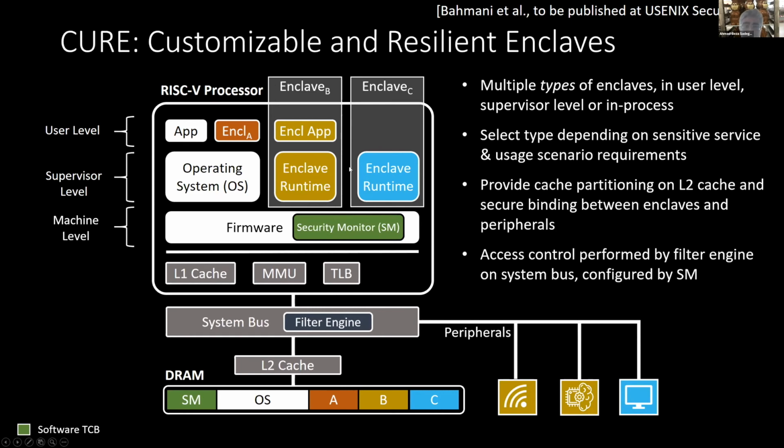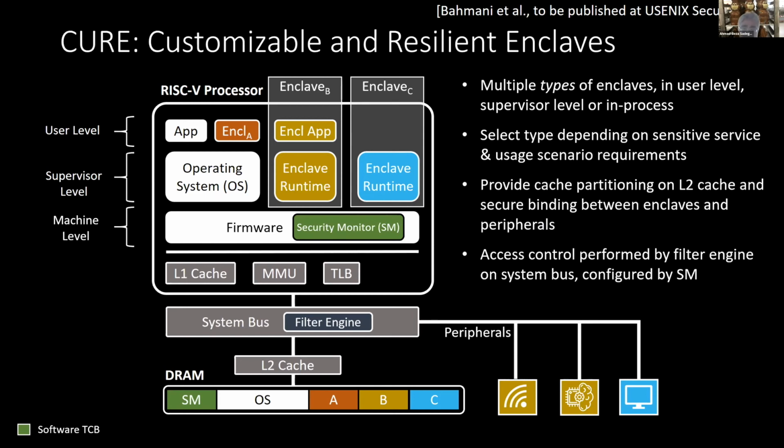But we can have an in-process enclave because, as you see, the security monitor is a part of firmware. But I don't want to protect the whole firmware. I just want to protect the security critical part of the firmware. And this is where we can put even this security monitor, which is very high privilege, but attackers want to target it as well, because then they can get control over the whole system.